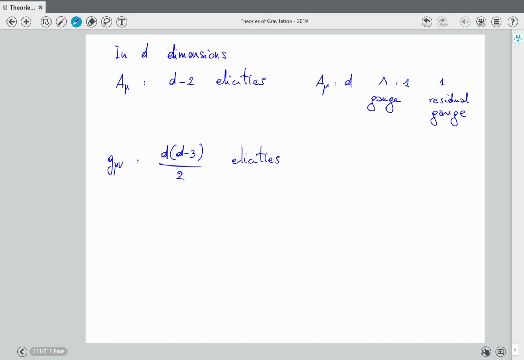And here the same, because G mu nu has how many components? 10 in 4 dimensions, but it's a symmetric matrix. So the number of components of a symmetric matrix is d times d plus 1 divided by 2, minus 2d.